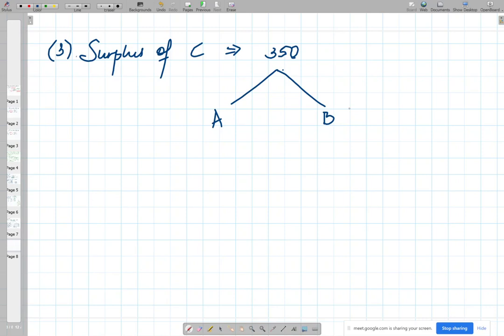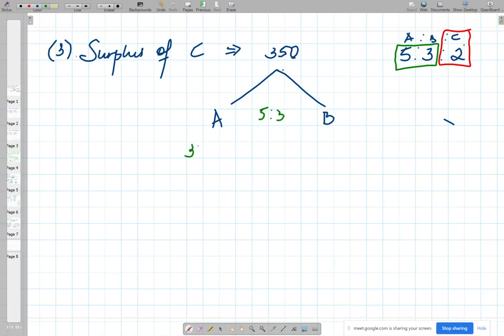But now in what ratio? Their ratios were 5 is to 3 is to 2, correct? Now this was A is to B is to C. C has done his job, so exclude him, he already has a surplus. And for the remaining people, their gross liability ratio now is 5 is to 3. If you remove C out of it, the ratio becomes 5 is to 3.